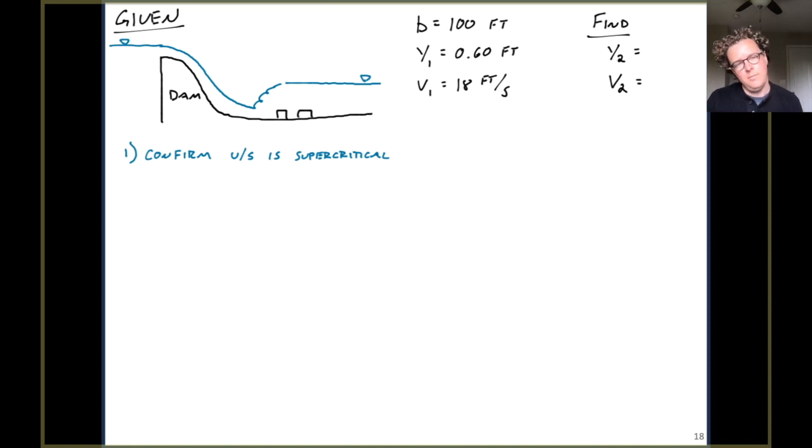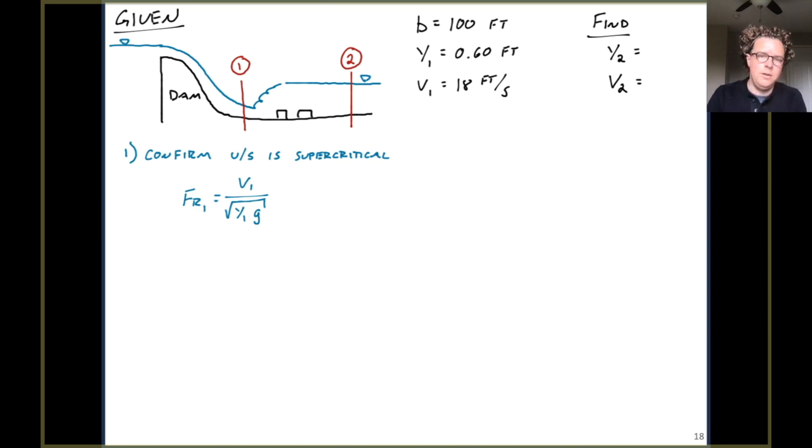All right, folks, welcome back. Step one, let's define some points in this problem. I'll pick point 1 as upstream of the hydraulic jump and point 2 as downstream. And before we go too far, we want to really confirm that this is going to be a hydraulic jump, that we do have supercritical conditions on the upstream side. Of course, we do that with the Froude number.